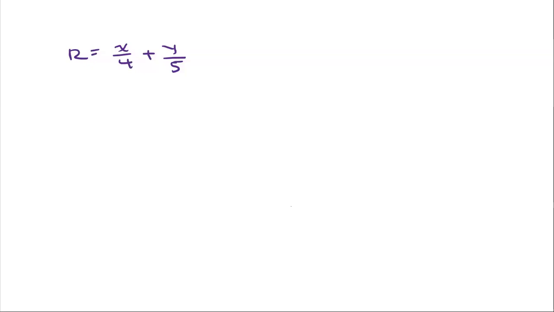Okay, so what's going to be our LCD here? What's our LCD? Yep, 20, right? 20 is our LCD. Because we have a rational equation, that means we want to get rid of the denominator, so we multiply everything by 20.